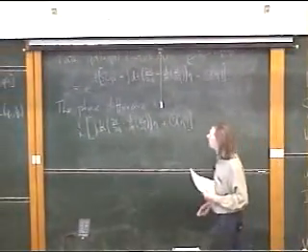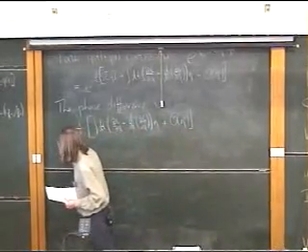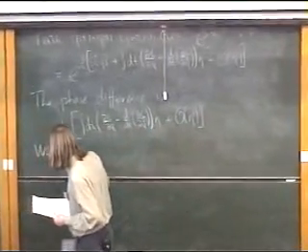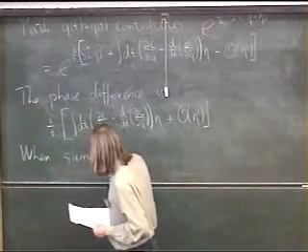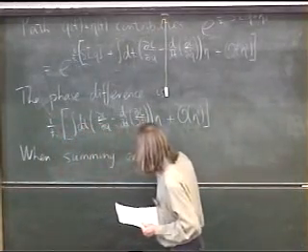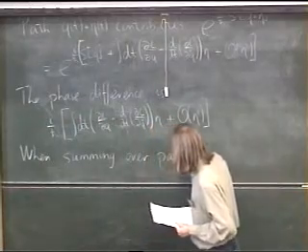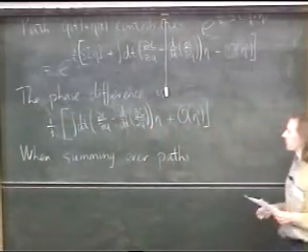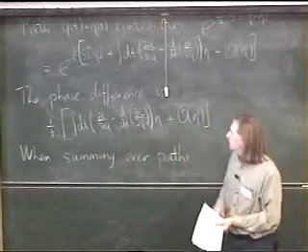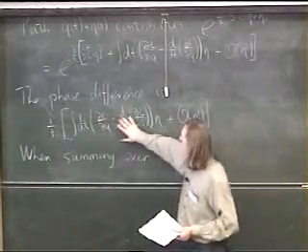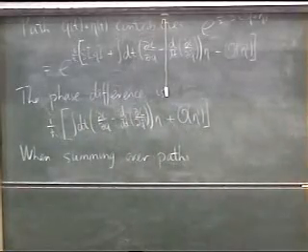Okay, so when we sum over paths, typically, will this phase difference be a big number or a small number?